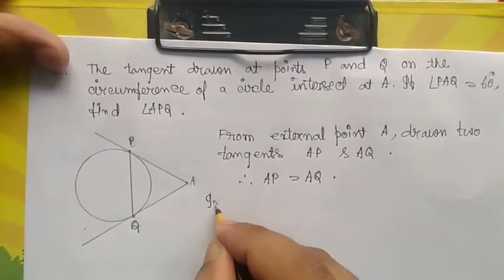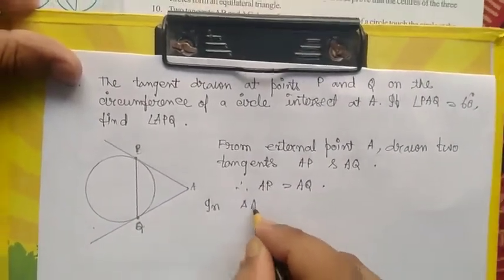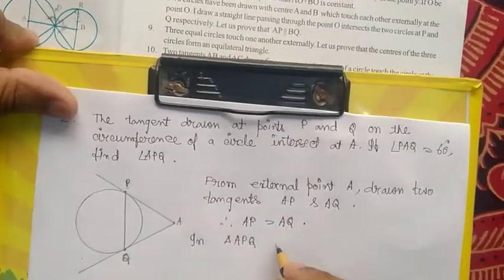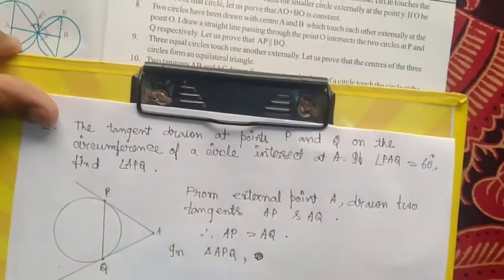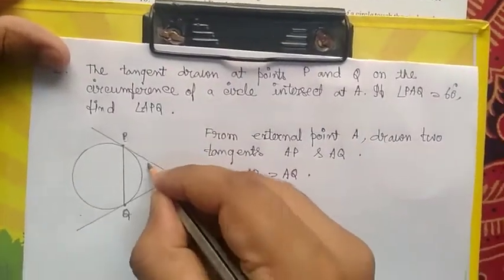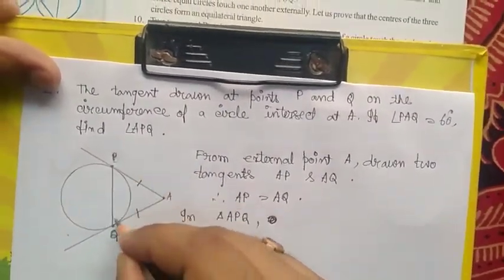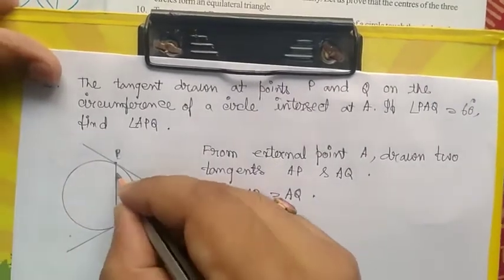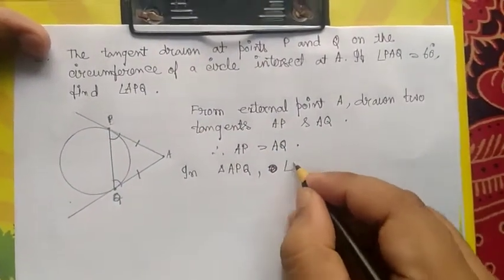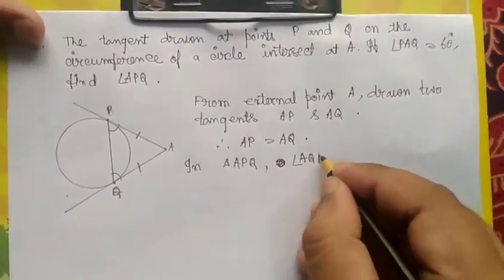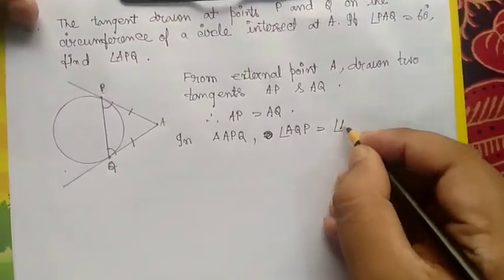So in triangle APQ, these two sides are equal. AP is opposite this angle and AQ is opposite this angle. These two are equal. So we can say that angle AQP equal to angle APQ.